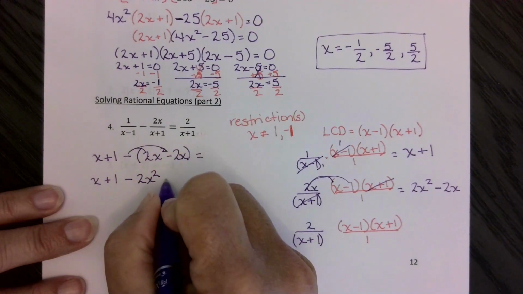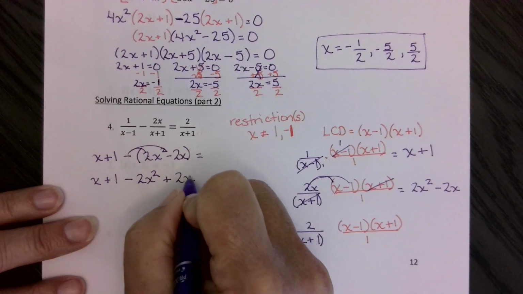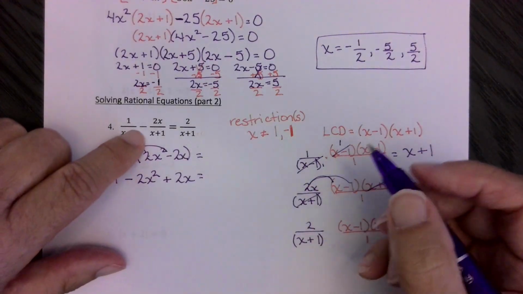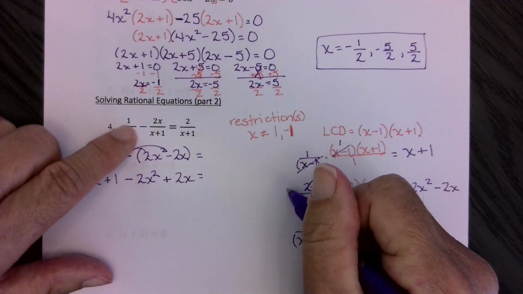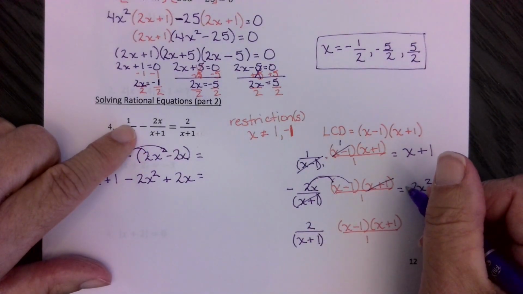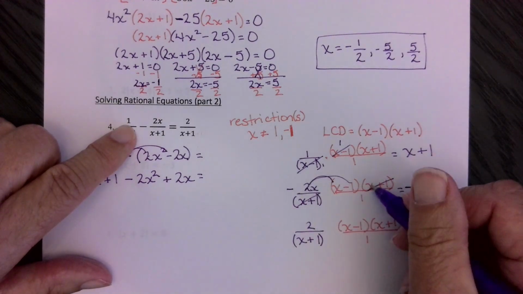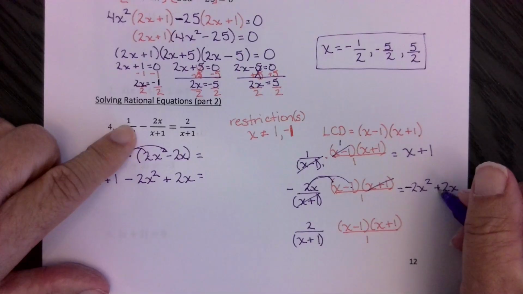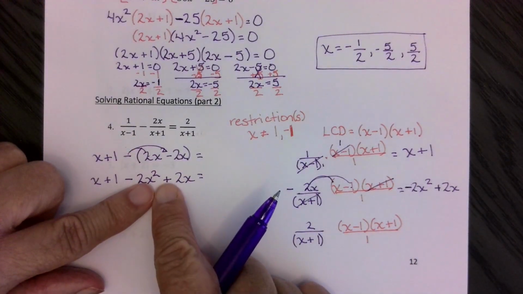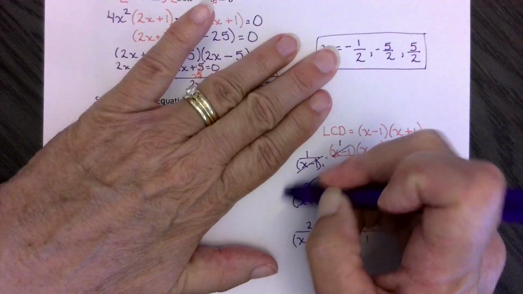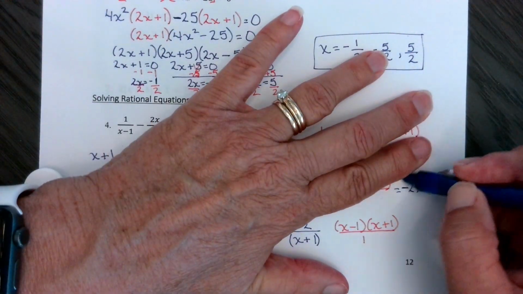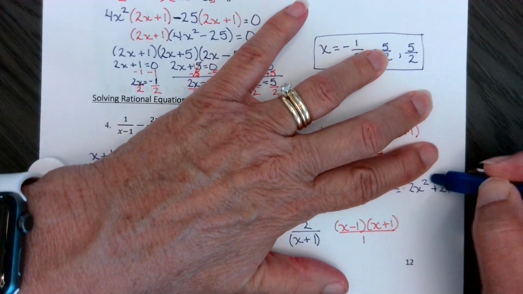Negative times a negative gives us a positive 2x. Now, had I brought this down as a negative right here, this would have been negative 2x times x is negative 2x squared, and negative 2x times a negative 1 gives a positive 2x. So we would go straight to here. But I didn't, but that's how I would have worked it.